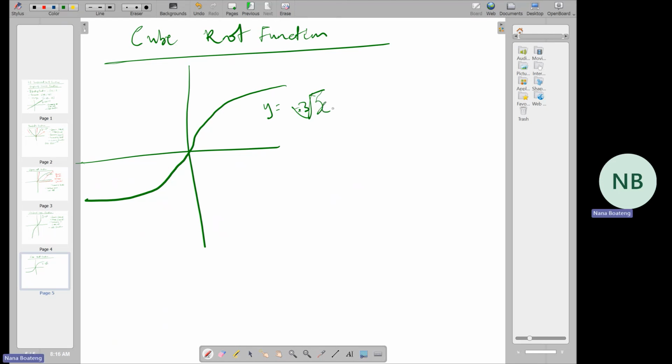Its domain is from minus infinity to infinity, and its range is also from minus infinity to infinity.